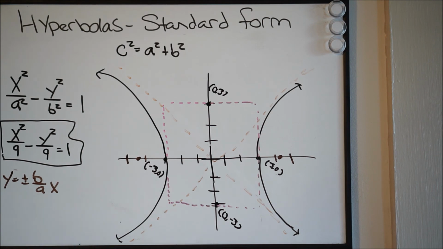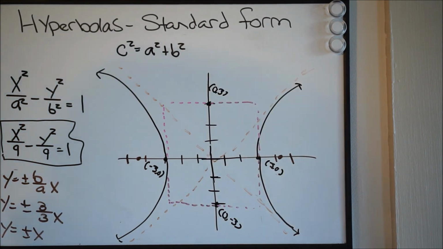We know that b in this case is going to be 3. Our a, again, will be 3. You know that 3 over 3 is just 1, so we get y equals plus or minus x. That is where our asymptotes are occurring. And that is it.